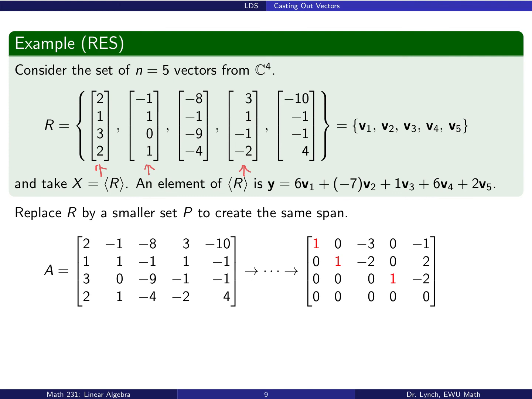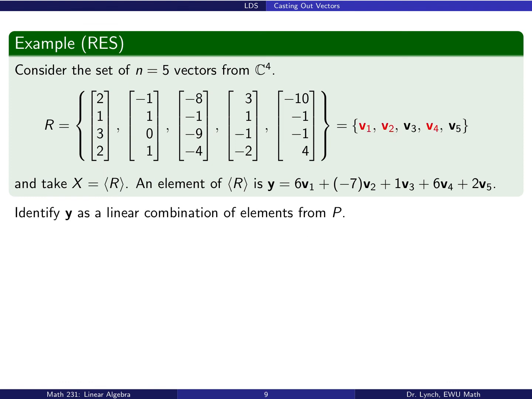We're going to call that set the set P. Okay, so again, the set P is V1, V2, and V4. Now, we know that the span of P is the same as the span of R, right? That's the theorem. Since Y was in the span of R, we ought to be able to identify Y as a linear combination of elements from P.